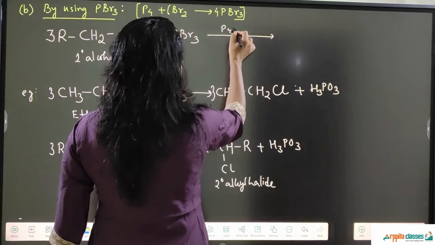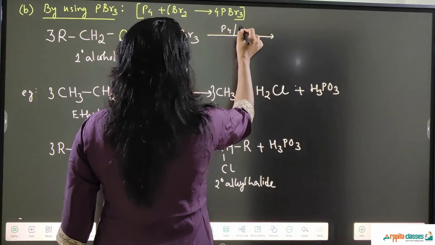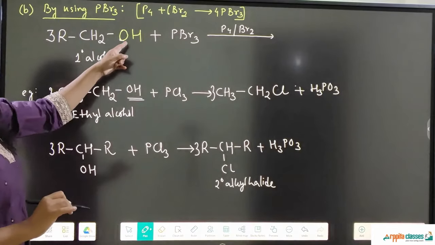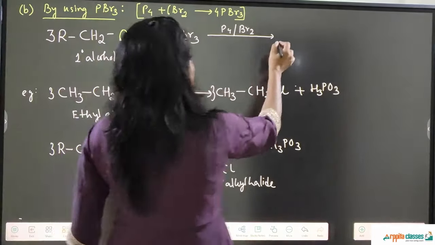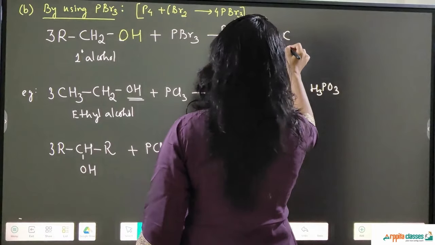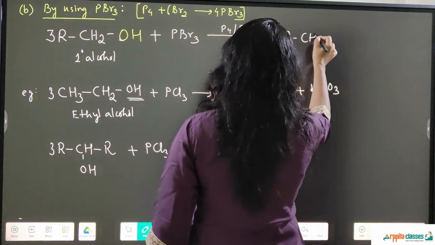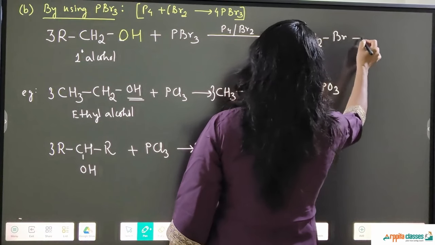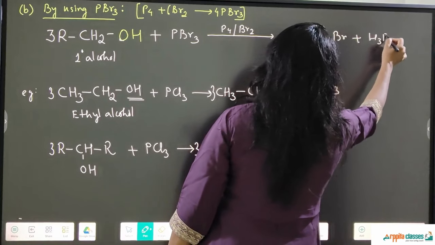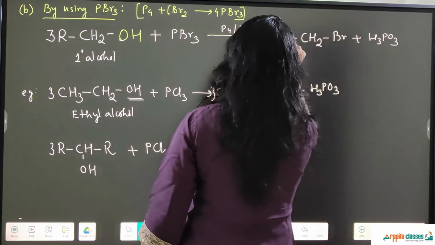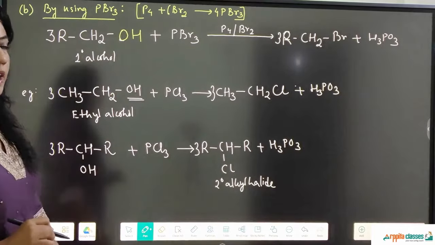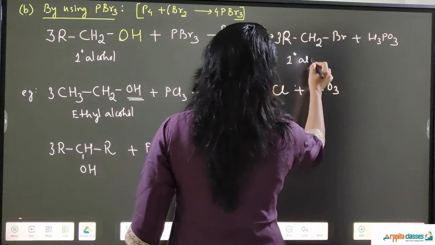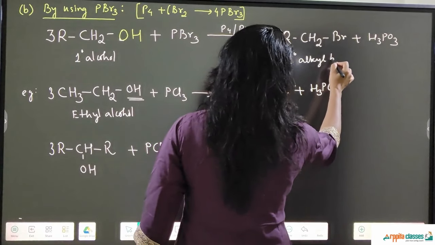The PBr3 is coming from P4, red phosphorus and Br2. The same thing will happen: this OH will be substituted by Br. So I get RCH2Br plus H3PO3. For balancing purposes, I'll write a 3 over there. So this is again your 1 degree alkyl halide, or you can say alkyl bromide.